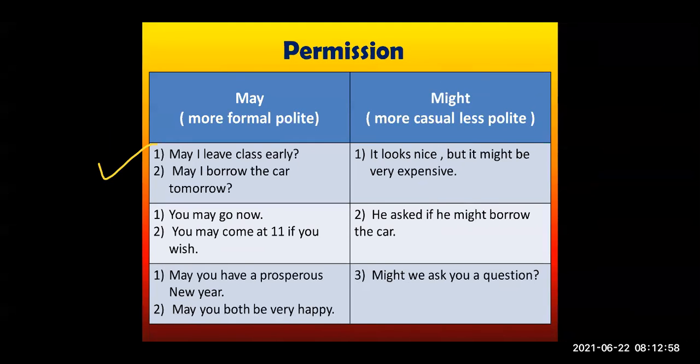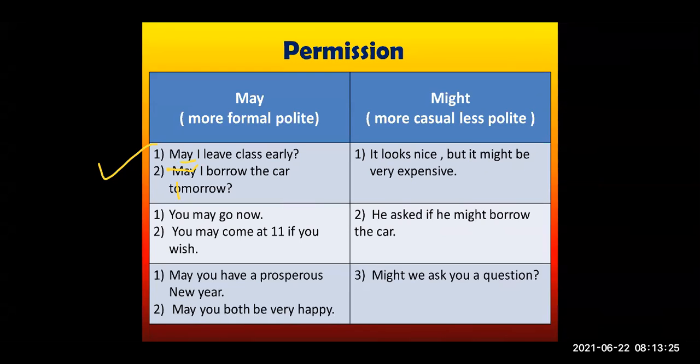For example, may I leave class early? Second example, may I borrow the car tomorrow? Here the person is asking permission by using the modal auxiliary may. So when we are asking for permission, use the modal auxiliary may.